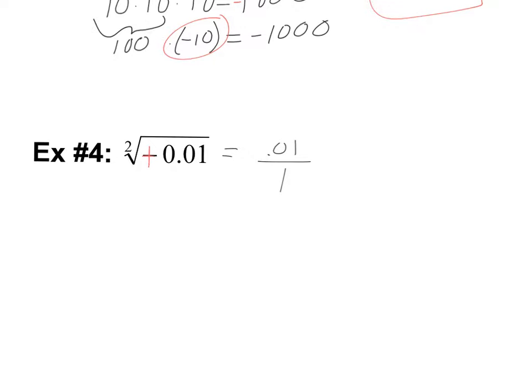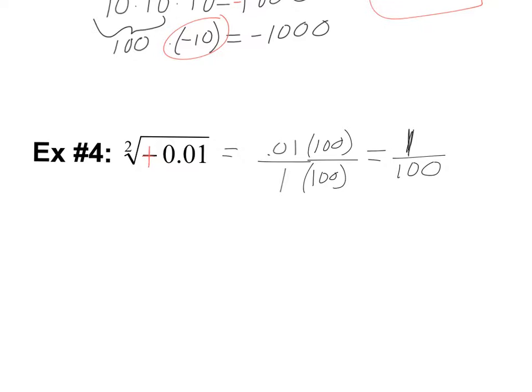And you can think about what you have to multiply by to get that decimal over 2 places. Multiplying it by 10 would move it over 1, so let's multiply it by 100 to get it over two spaces. But we can't just multiply the top by 100. That would change its value. But if we multiply by 100 over 100, that's like multiplying it by 1, and so basically that would just be a 1 on top, because 100 times 0.01 is 1. And on the bottom we have 100.